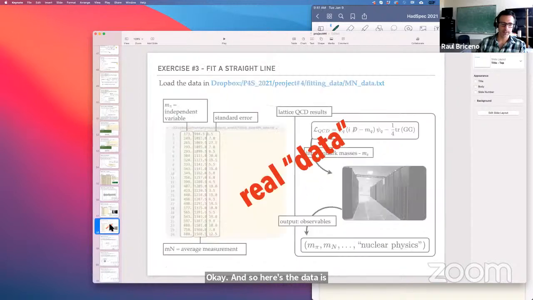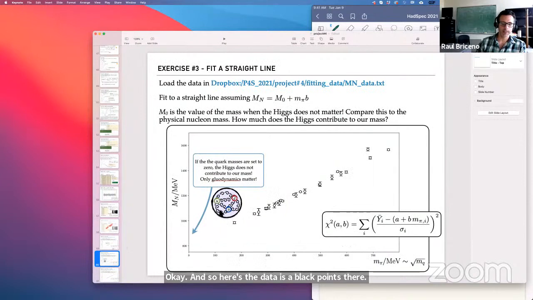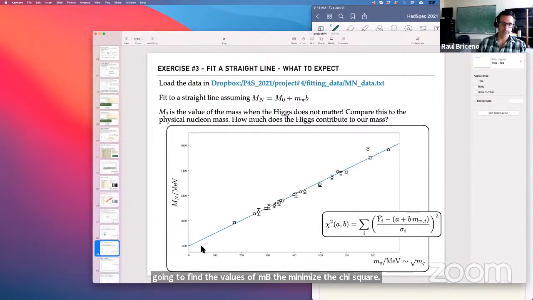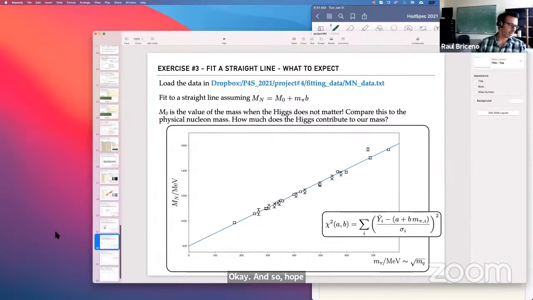They're in this folder over here. Then you're going to grab the data and fit it to a straight line using 2 parameters, A and B. And you're going to find the values of A and B that minimize the chi-squared. You should see a line like this after you plot it. Hopefully that is clear.